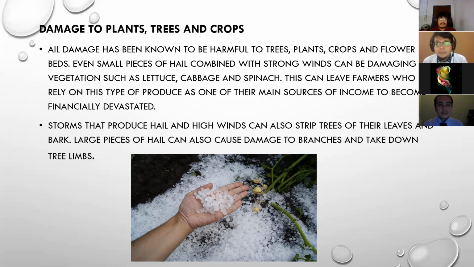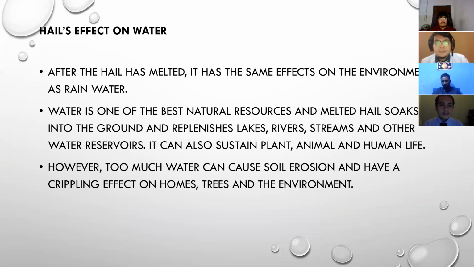This can leave farmers who rely on this type of production as their main source of income in financial disaster. Storms that produce hail and high wind can also strip trees of their leaves and bark. Large pieces of hail also cause damage to branches and take down tree limbs.